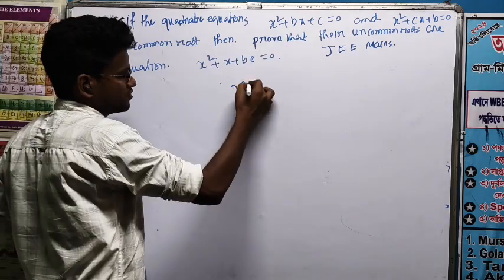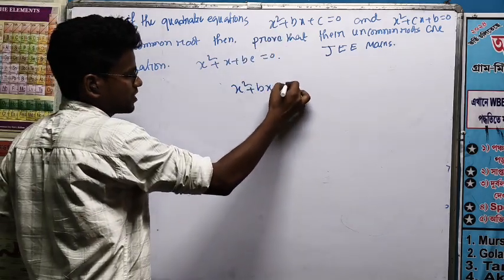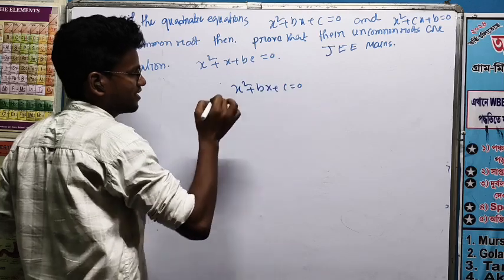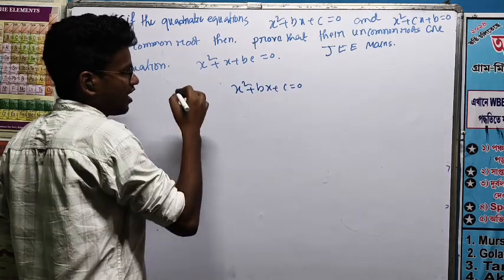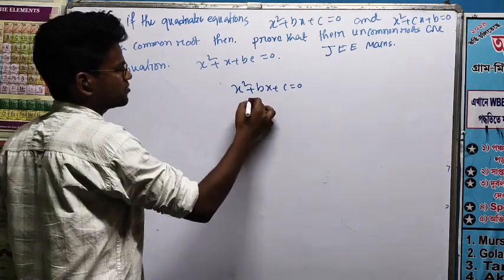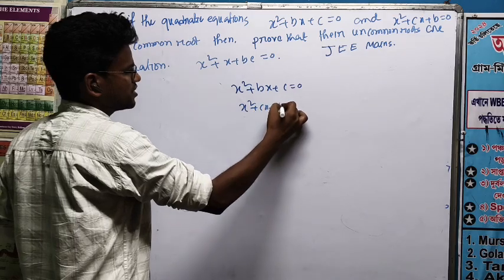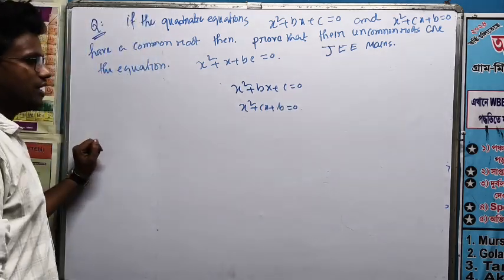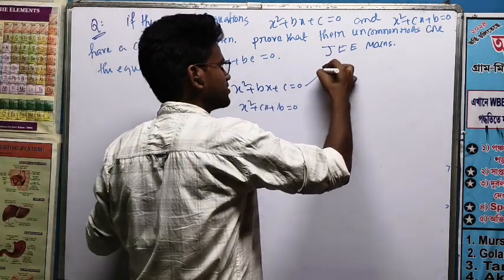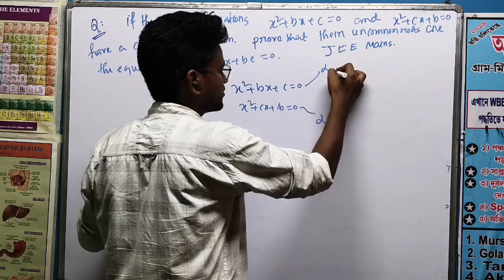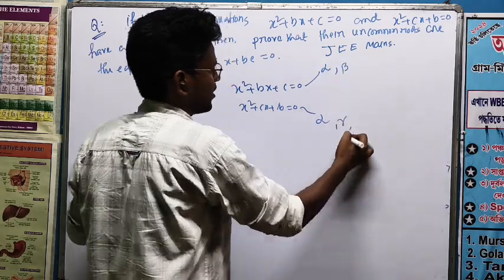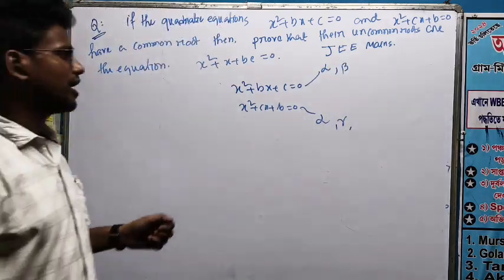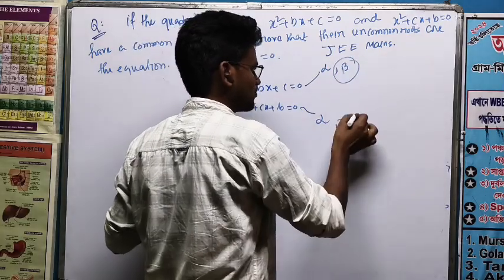So this is x square plus bx plus c equals 0. This is a quadratic equation. Another quadratic equation is x square plus cx plus b equals 0. Maybe alpha is the common root, and the uncommon roots are beta and gamma. Then you have to determine the equation of the uncommon roots.